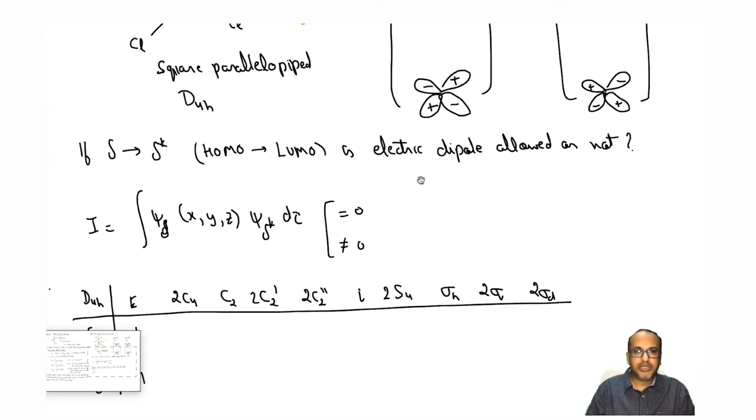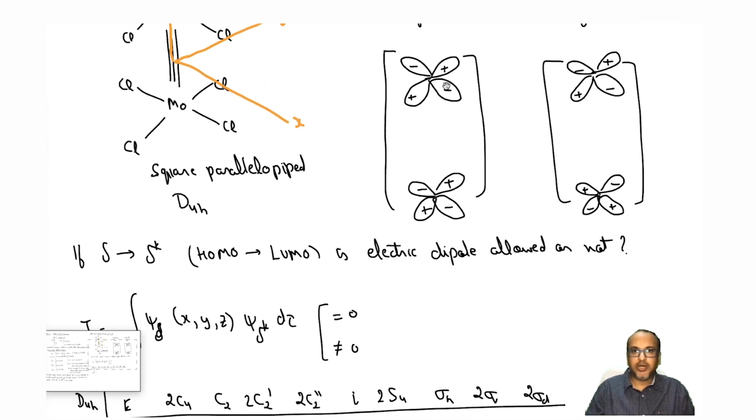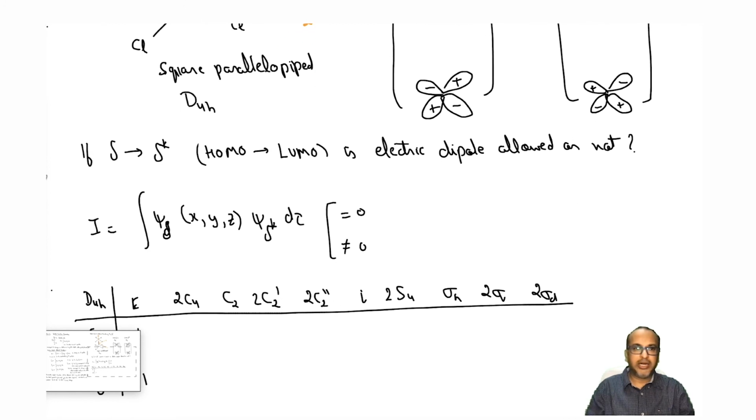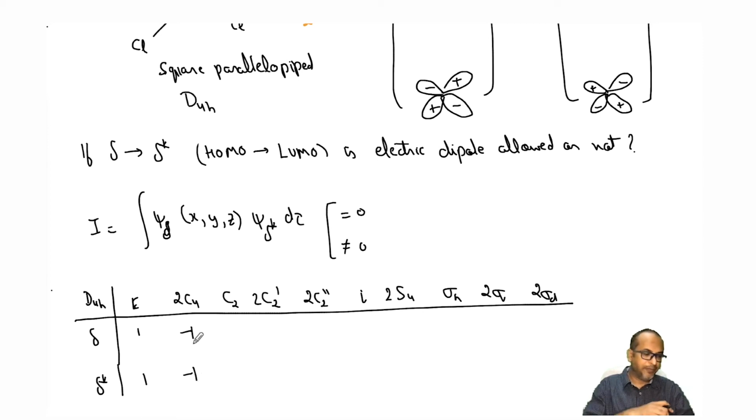If I do a C4 operation, plus goes to minus: the negative lobe goes towards the positive lobe, and the positive lobe goes to the negative lobe, and this happens for all of them. So all the positive signs go to negative, and all the negative signs become positive. This means you have the character under C4 as -1 for both the orbitals, right?